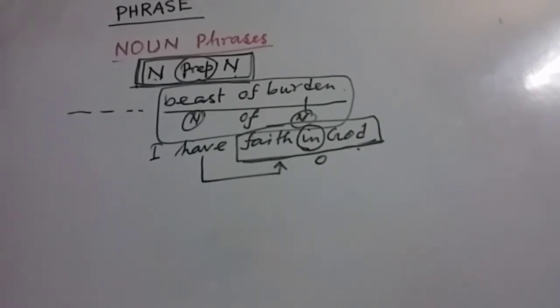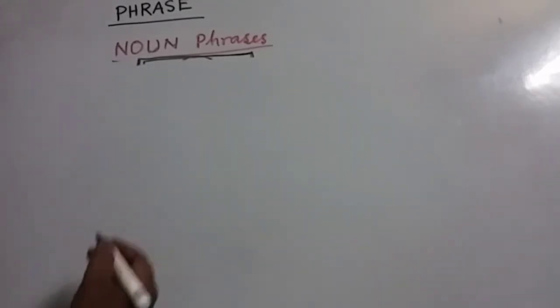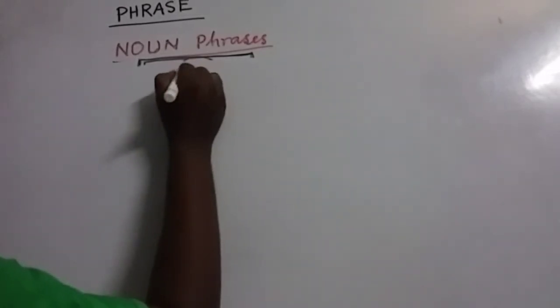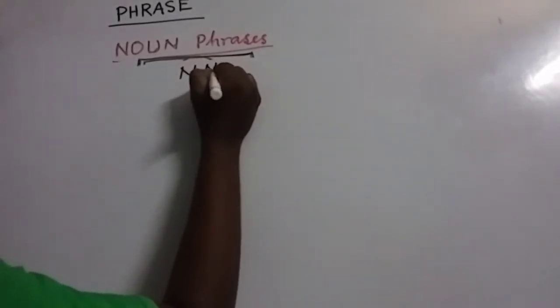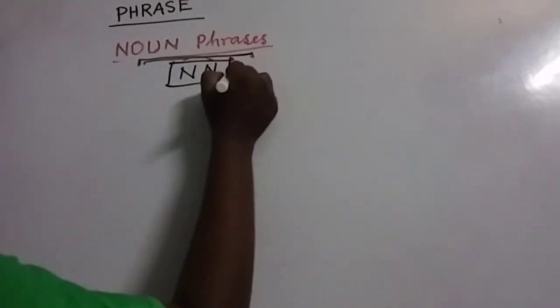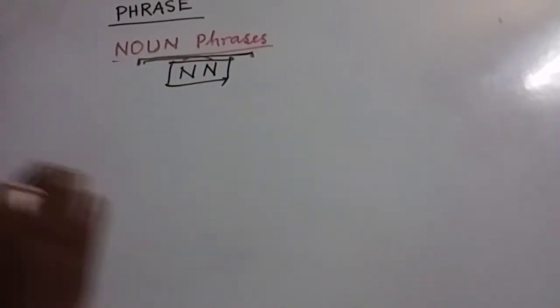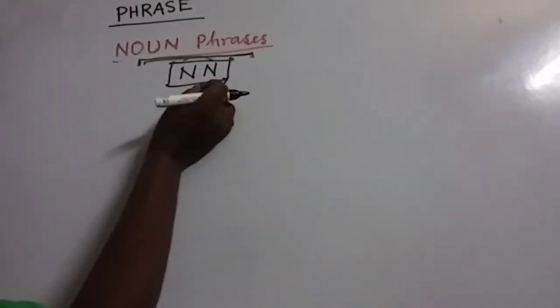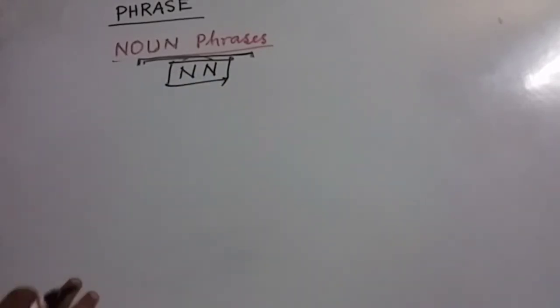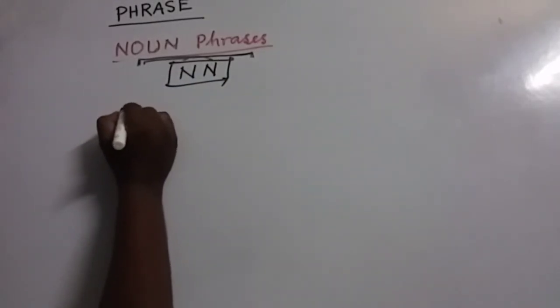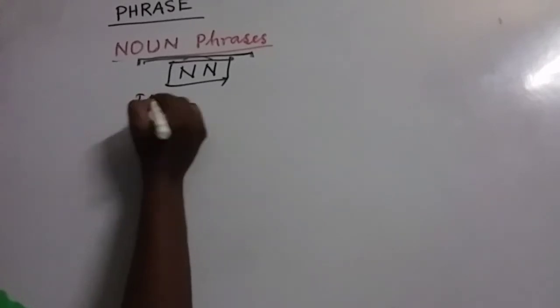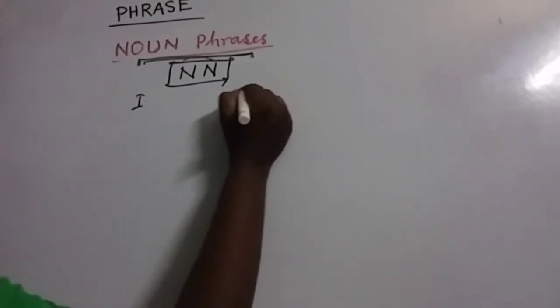Next, think about the next one. My dear friends, sometimes we place two nouns together, that means we place two nouns and between these two things there is nothing. Suppose I am giving you one example: I have bought a gold chain.